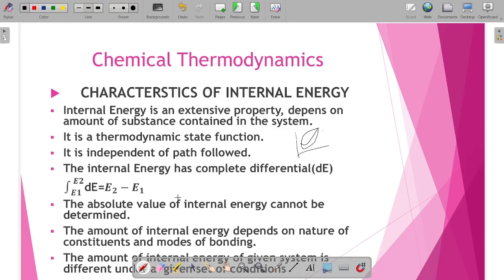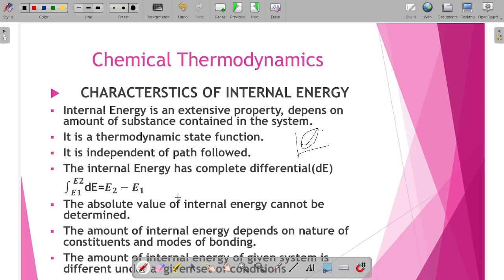This may be fixed, but it depends upon another factor: the amount of internal energy in the system is different under a given set of conditions.